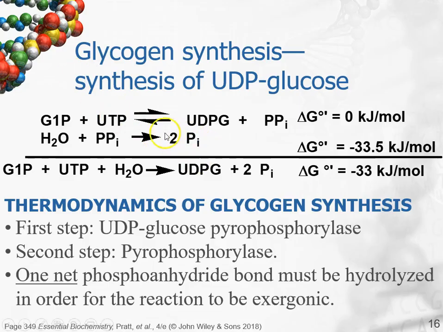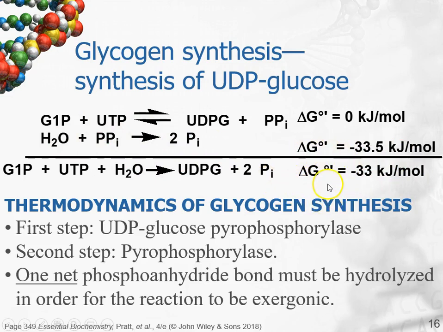If we look at the energetics of this reaction, the glucose 1-phosphate and the UTP give us our UDP glucose, and then pyrophosphate. And then the pyrophosphate is hydrolyzed to form regular phosphate. Again, this delta G is 0 because we've hydrolyzed a phosphoanhydride bond, but then we formed a new one right here. So we need to hydrolyze an extra one in order to get this reaction to be spontaneous.